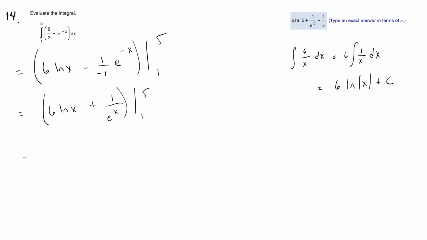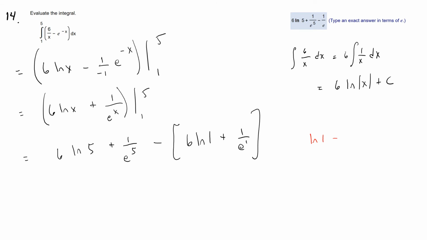And then we plug the top number in first, so we have 6 natural log 5 plus 1 over e to the 5, minus, and then we plug the 1 in. 6 natural log 1 plus 1 over e to the 1. Now, natural log 1 is just 0, right?